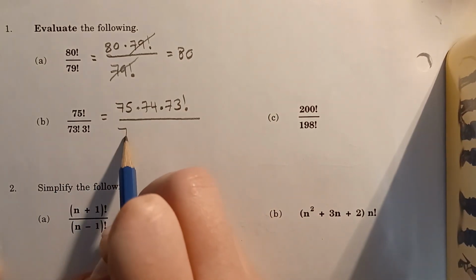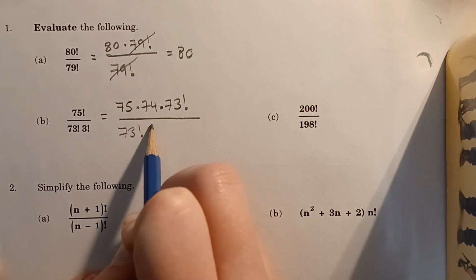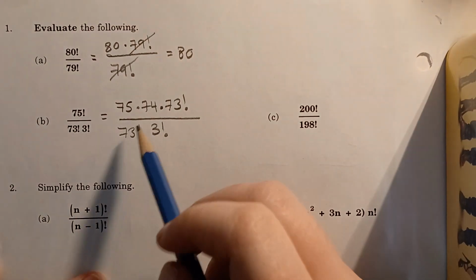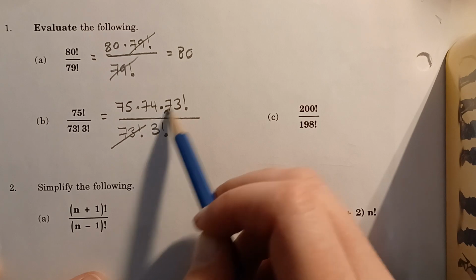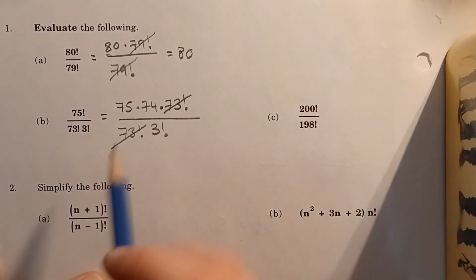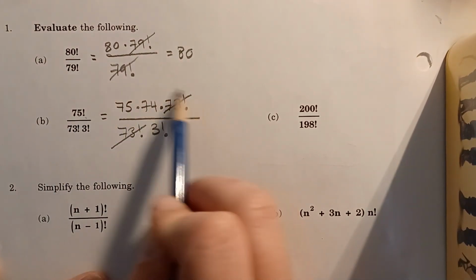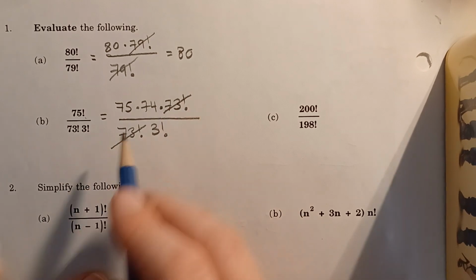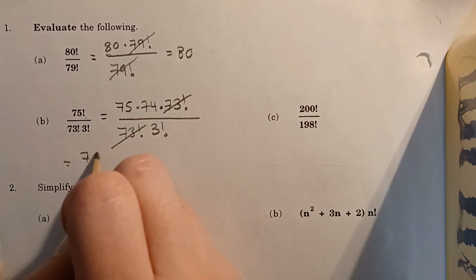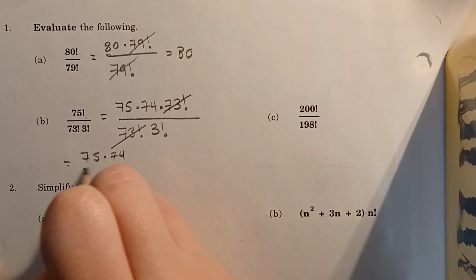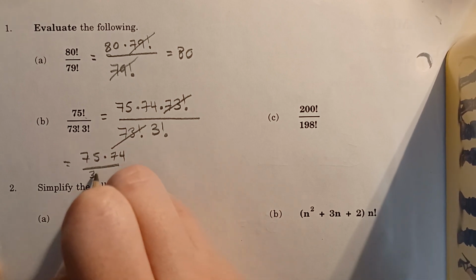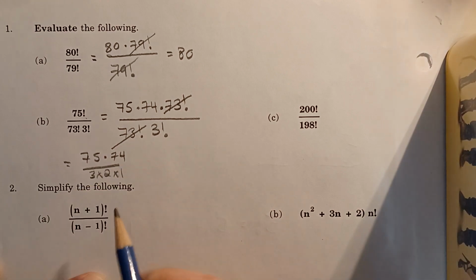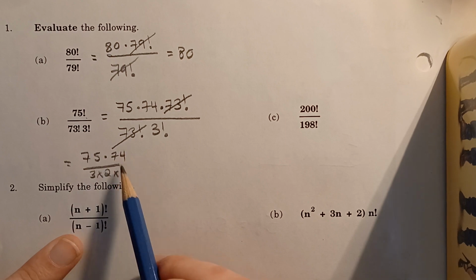And then we're still dividing by 73 factorial times 3 factorial. We can divide those 73 factorials out. That's why I expressed this like this, so I could divide those out. Then I'm left with 75 times 74 divided by, well, 3 factorial is 3 times 2 times 1. We can easily put this in our calculators and solve the problem.